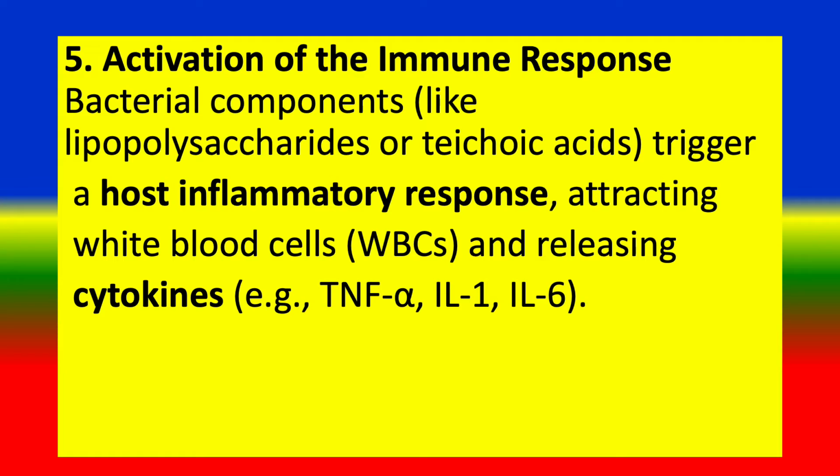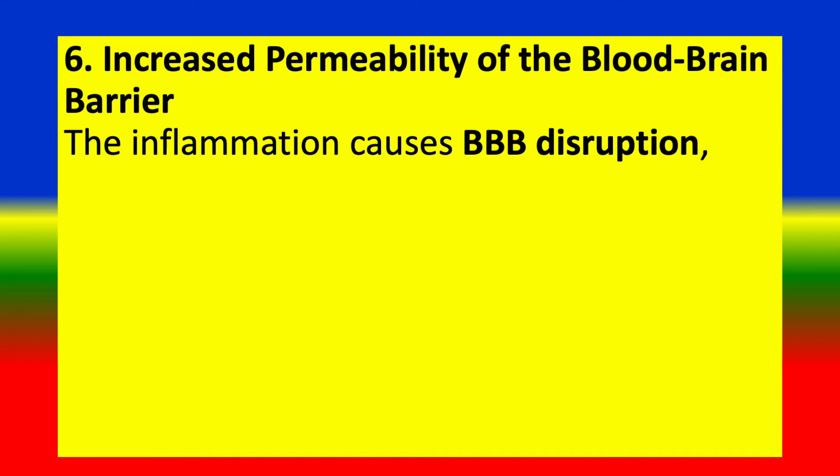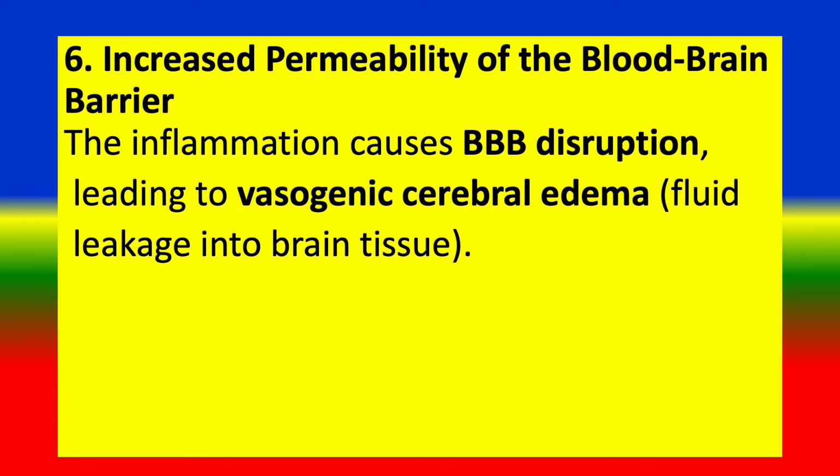Example: TNF-alpha, IL-1, IL-6. 6. Increased permeability of the blood-brain barrier. The inflammation causes BBB disruption, leading to vasogenic cerebral edema.